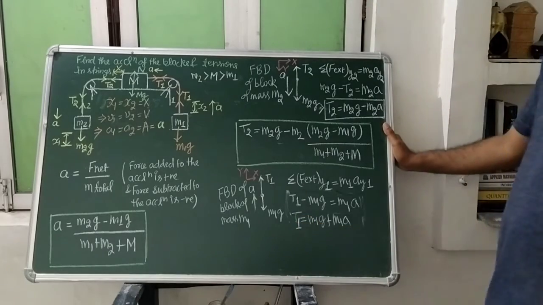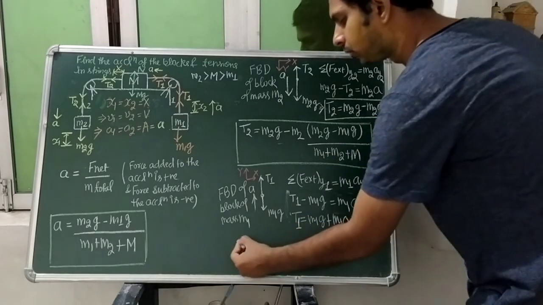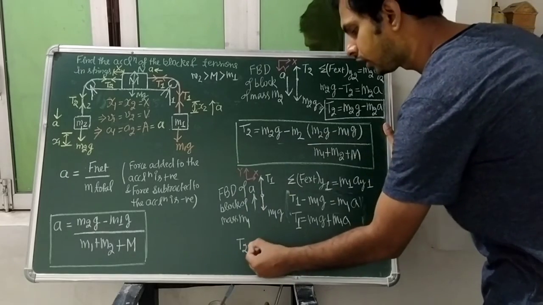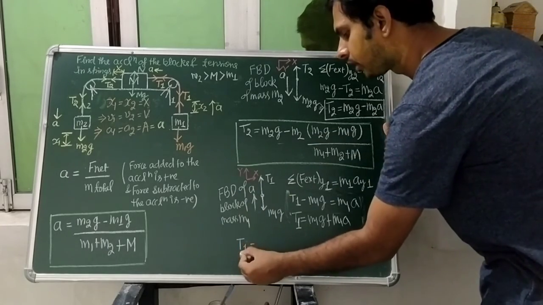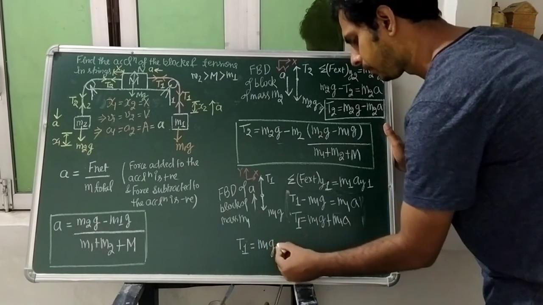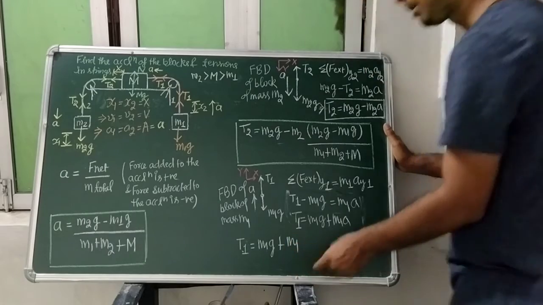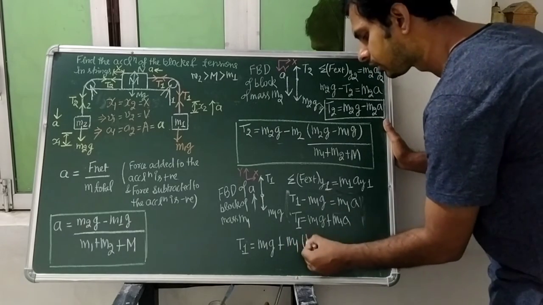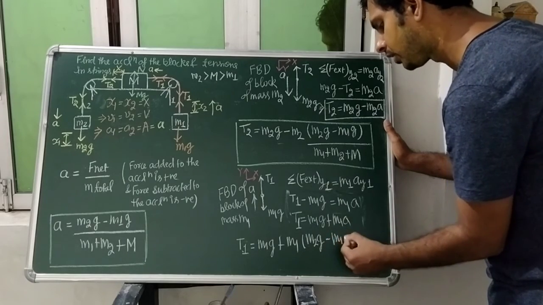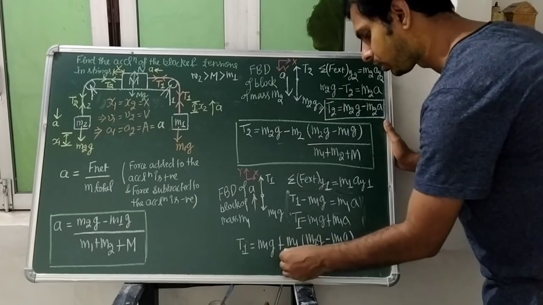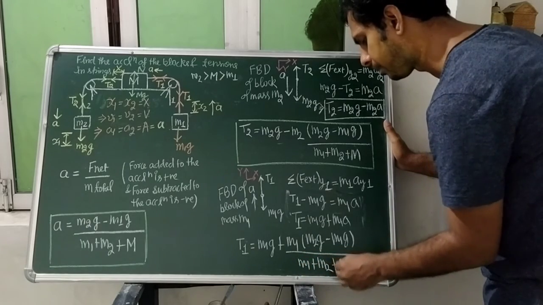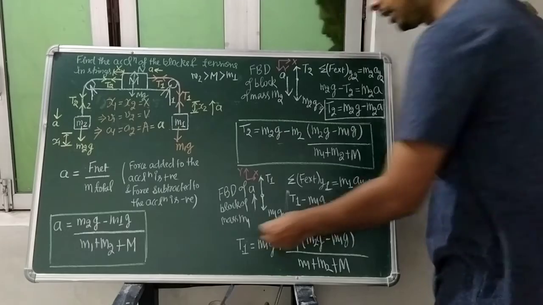Isn't it, students? Now what can you do? That you, in place of A, you can write the expression of A. So T1 will become M1G plus this M1 times, at the place of A, what will you write this? M2G minus of this M1G divided by total mass, that is M1 plus M2 plus this capital M. Isn't it?